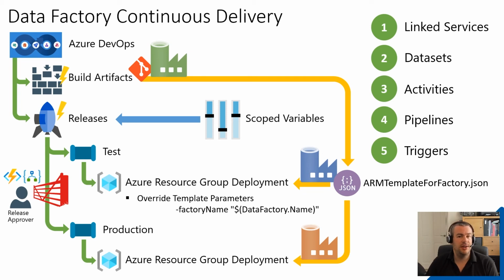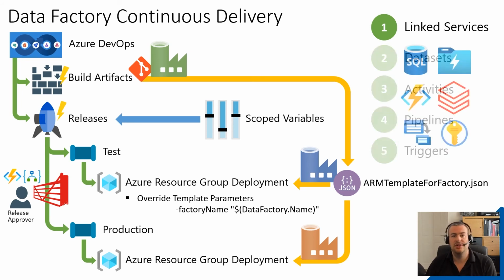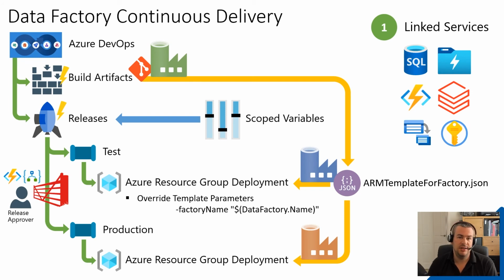And the other thing, of course, to be aware of is that by default, that ARM template that we get out of the box, it's only going to parameterize and expose our link service connections. It's not going to give us the option to parameterize all of the other stuff within our data factory, only the link services by default.